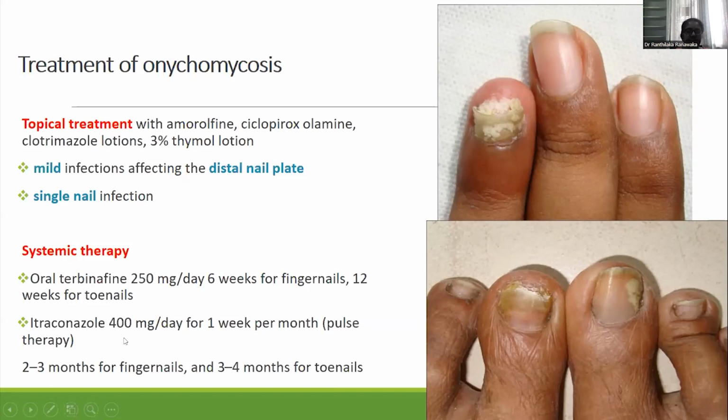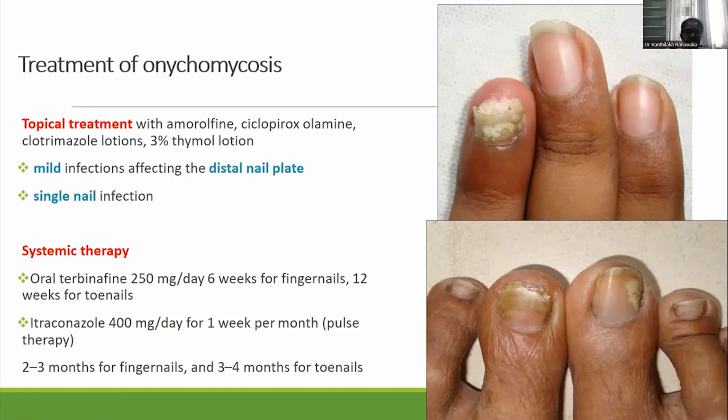Itraconazole again, we can give pulse therapy. That is for 3 months. For fingernails, we give 2 or 3 pulses. For toenails, we give 3 or 4 pulses. That is, we give 1 week per month. 400 milligram daily for 1 week, we give.